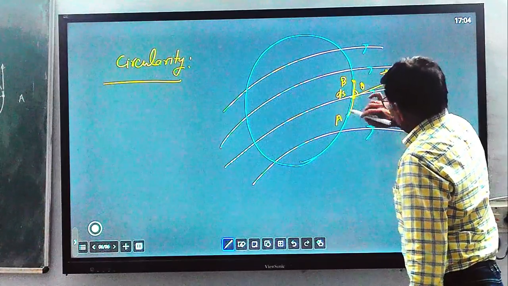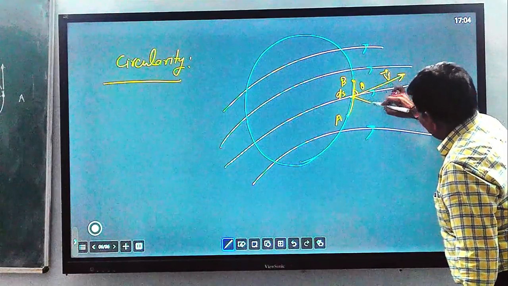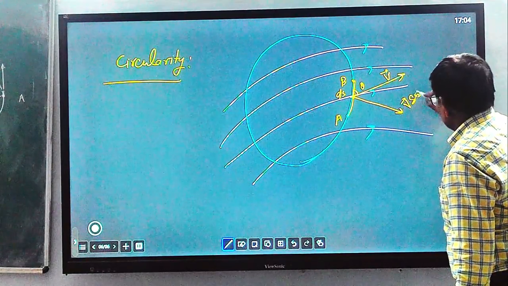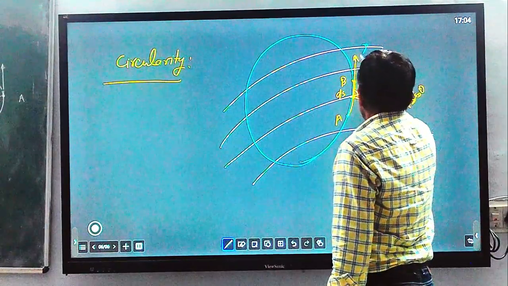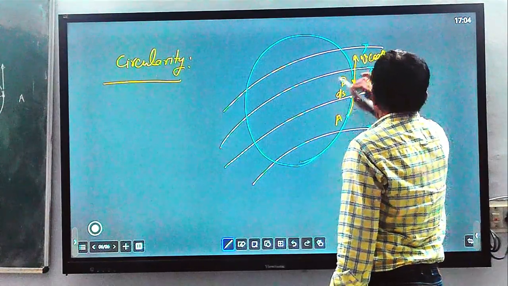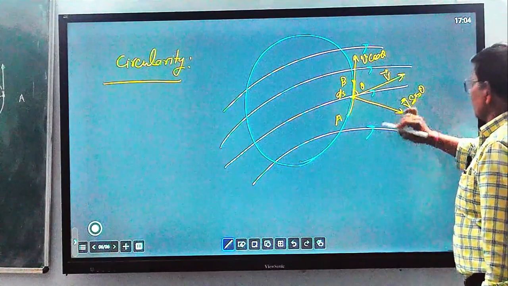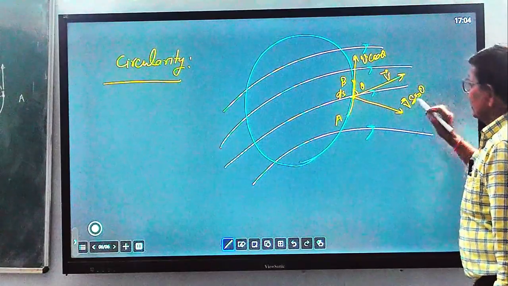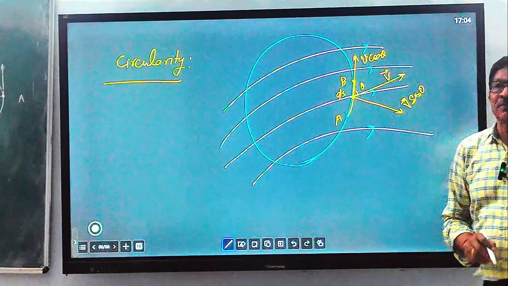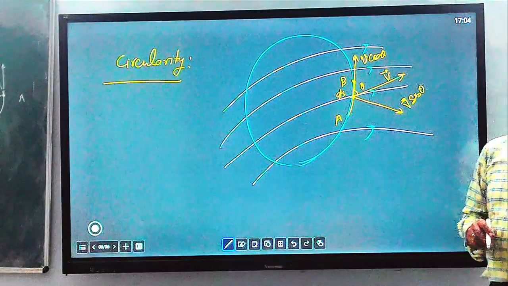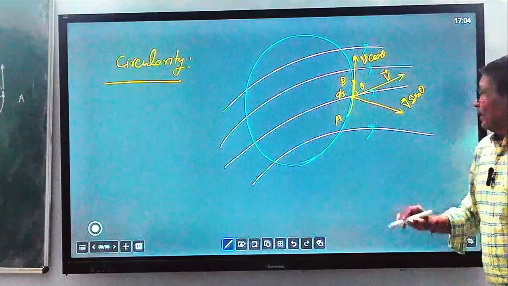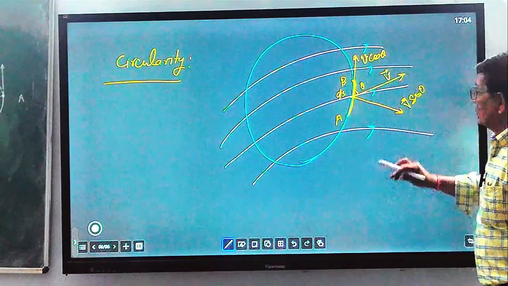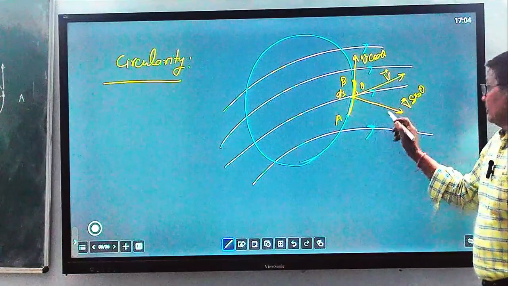We can resolve the velocity into two components: the perpendicular component, V sin theta, and V cos theta. We are taking magnitude only, not the vector quantity. Which component is responsible for circulation? The distance ds from A to B is covered by the V cos theta component.